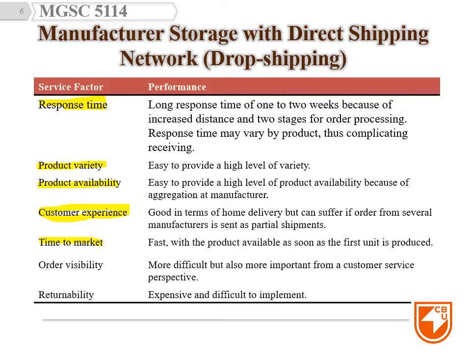So I would say this type of network, which is drop shipping, has a very fast time to market. Okay, next one is order visibility. Order visibility is also showing how easy it is to track the orders.